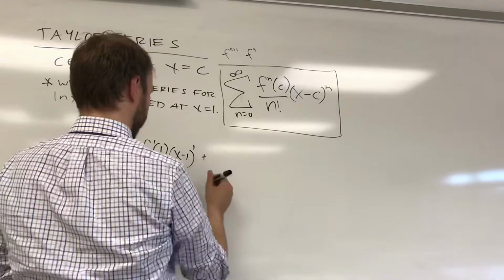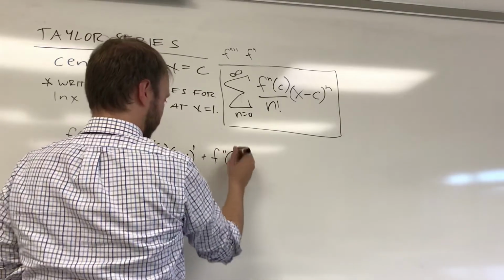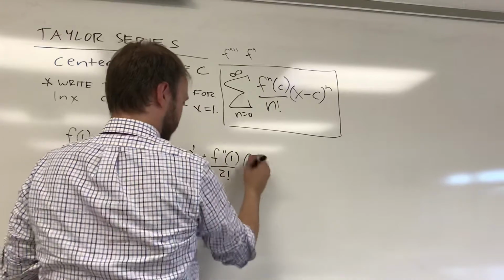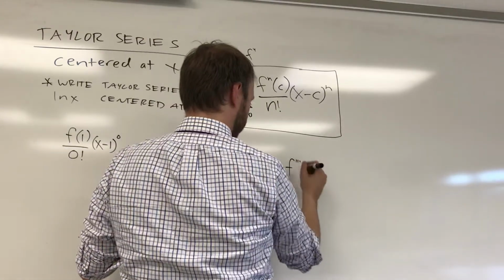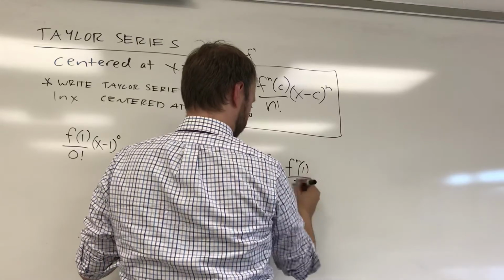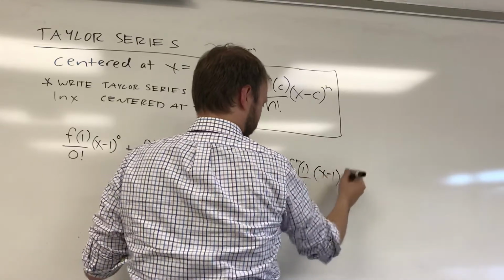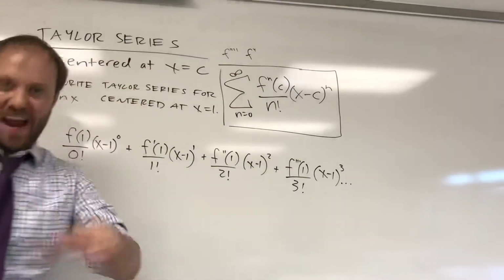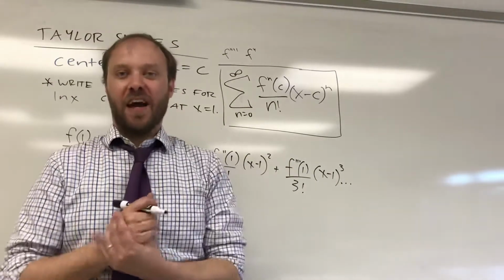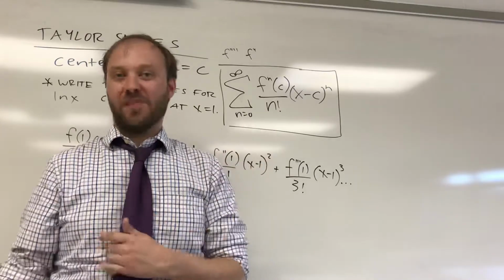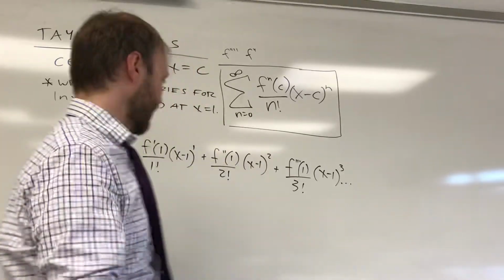And then I'm going to have the second derivative centered at 1 over 2 factorial times x minus 1 to the second power. And then I'm going to have the third derivative centered at 1 over 3 factorial times x minus 1 to the third, and so on. And then I can start dropping things in. But if I don't write that out at the start, again, bad things happen. So you'll have to feel this out and see what works for you.